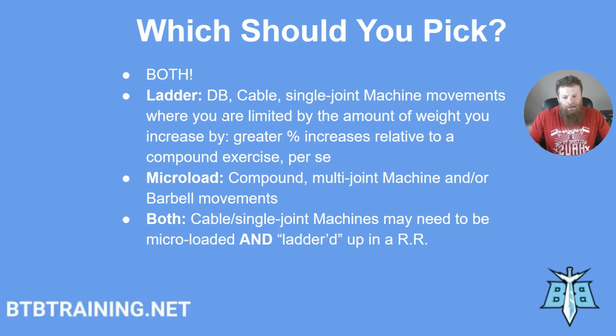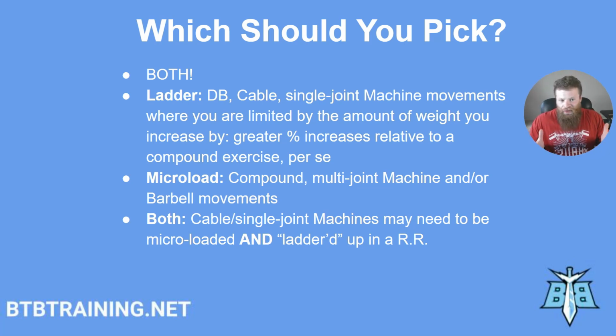because you are going to be limited by the amount of weight that you can increase the exercise by, particularly with dumbbell exercises. Most gyms, the dumbbells are only going to go up in 5-pound increments. So you're going to go from the 5s to the 10s to the 15s to the 20s to the 25s to the 30s.